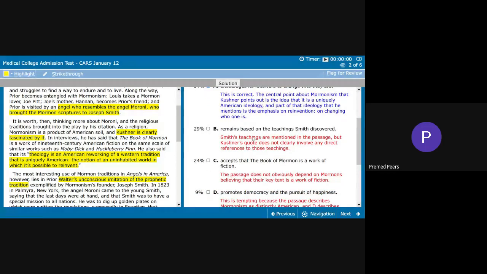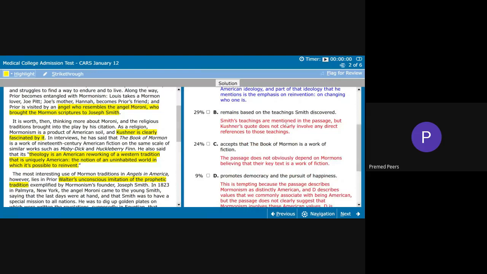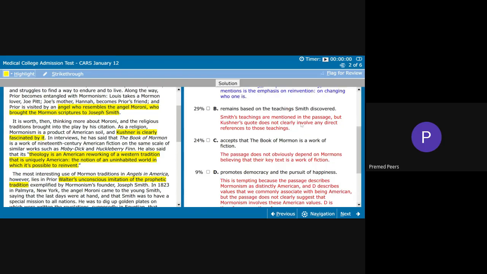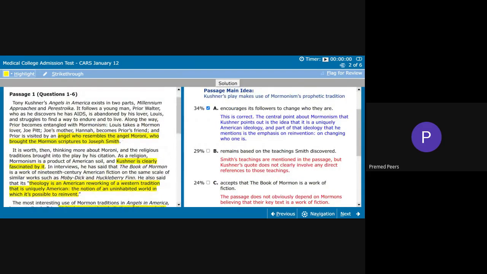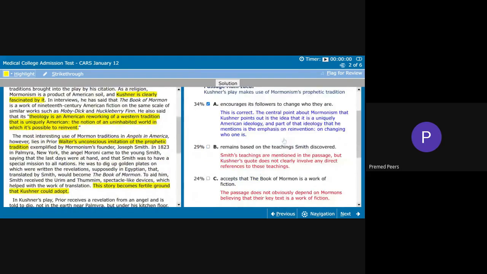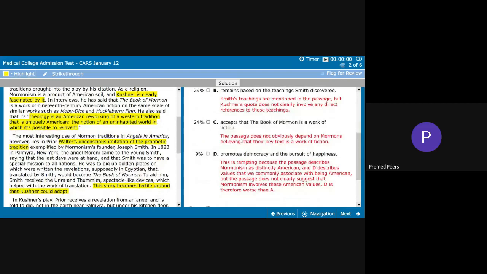You can rule out B because it's one of those things that's not really mentioned in the passage. I mean, it is mentioned, but it's not talked about or discussed in any depth. C is not a basic assumption. It doesn't say whether or not the Book of Mormon is considered fiction by Tony Kushner, so you don't need to worry about that, or about Mormons believing that it's fiction.